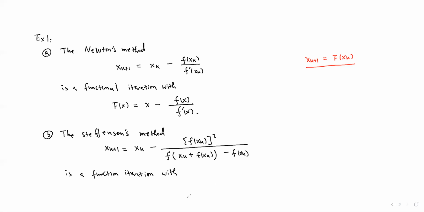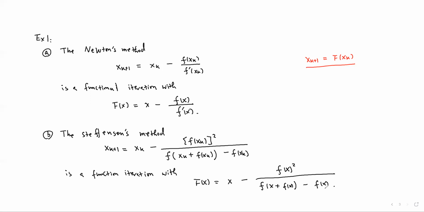What is the associated capital F? The capital F is this: x minus f(x) squared, over f(x plus f(x)) minus f(x).